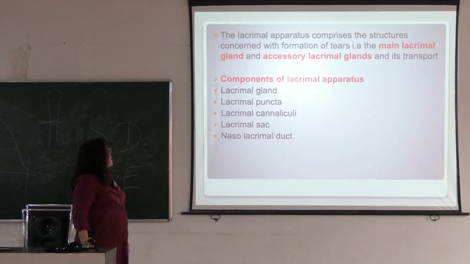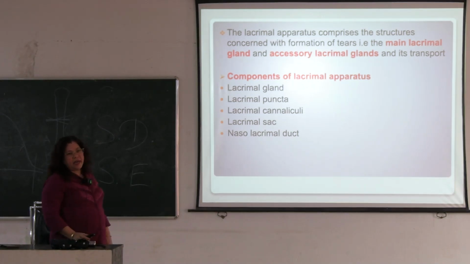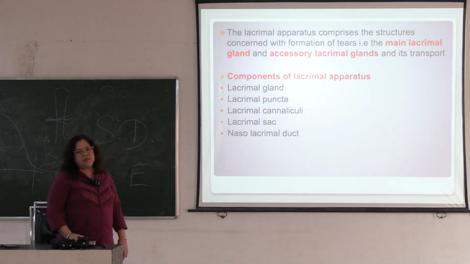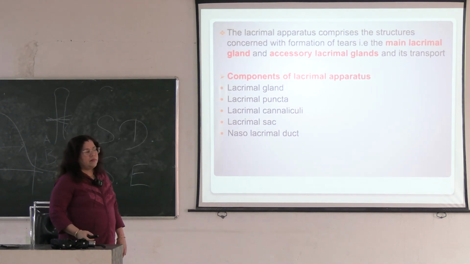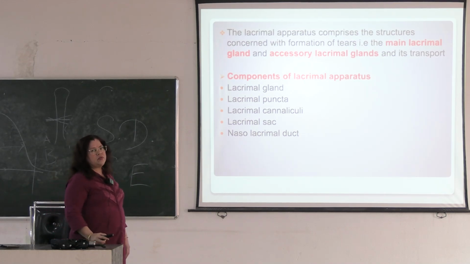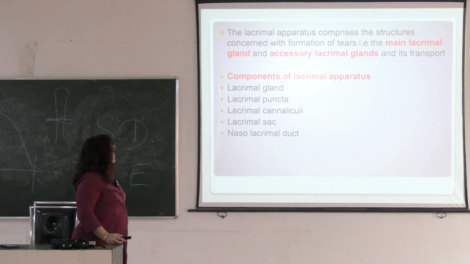So, the secretory part is formed from the lacrimal gland and accessory lacrimal gland, and the drainage pathway is from puncta, canaliculi, lacrimal sac, then nasolacrimal duct, and through the nasolacrimal duct it drains into the inferior meatus.